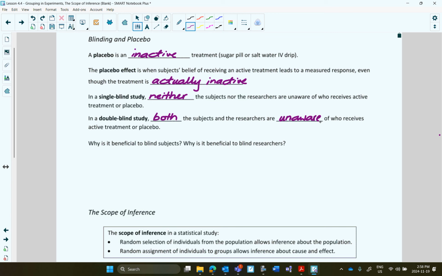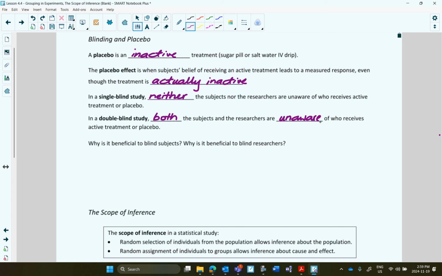If you gave someone a placebo and they don't know it's a placebo, versus they do know it's a placebo, now you're going to fight the placebo effect, which is going to affect your results. So that's not good. So how come they would know it's a placebo but the researchers wouldn't? Maybe it's a bad accident. Sometimes it just happens.